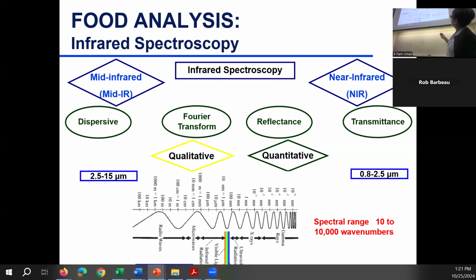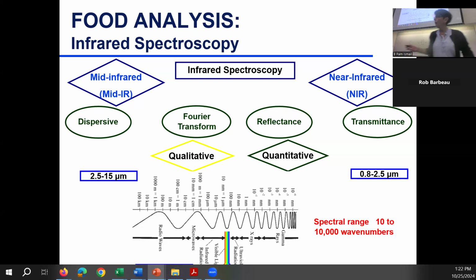The near IR is closer, meaning near to the red, so it has higher energy and shorter wavelength. And then you have the mid IR somewhere in the middle here, from 2.5 to 15, longer wavelength than here, but still in the mid range. We don't care about far IR. For analysis, near and mid IR is what we deal with.